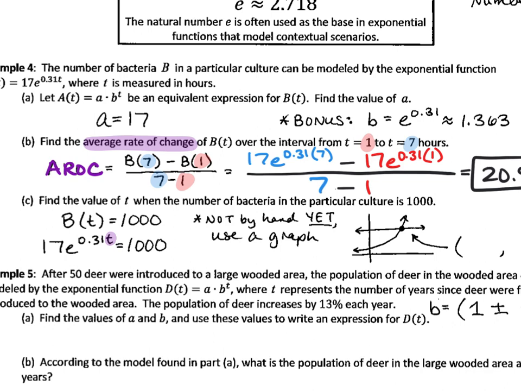You are going to type the first part of this equation into y1. You're going to type the second part of this equation into y2. So this should be y1. This should be y2. When you do this, you're going to get a graph that looks something like this that I've graphed on the screen or written on your paper.